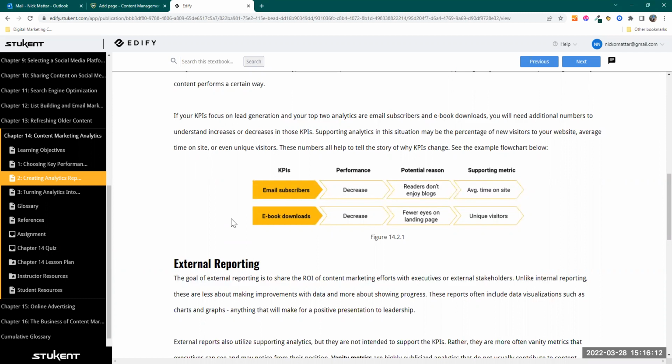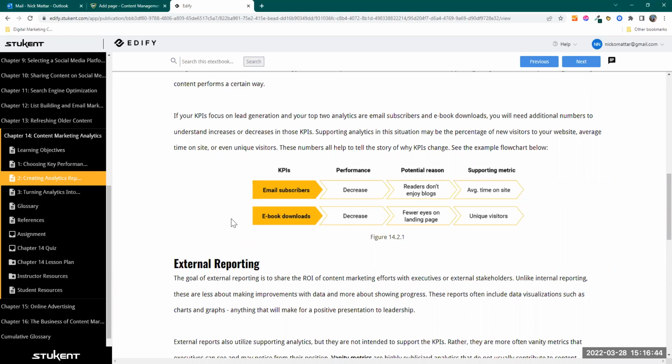Now, when I look at this, the first thing you see here is how KPIs turn into supporting metrics. I'm not going to ask you anything about this specifically, but the idea is to look at a flow chart and think about why something happens. Say, for example, quarter over quarter, your number of email subscribers declined.